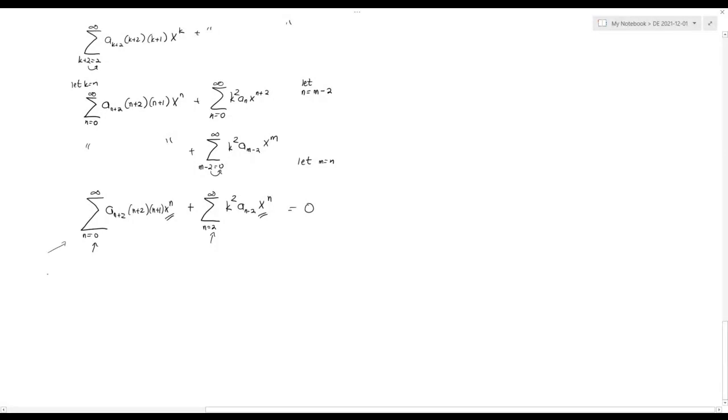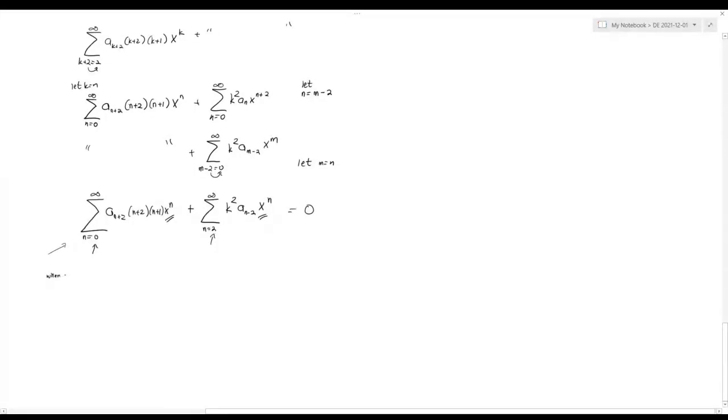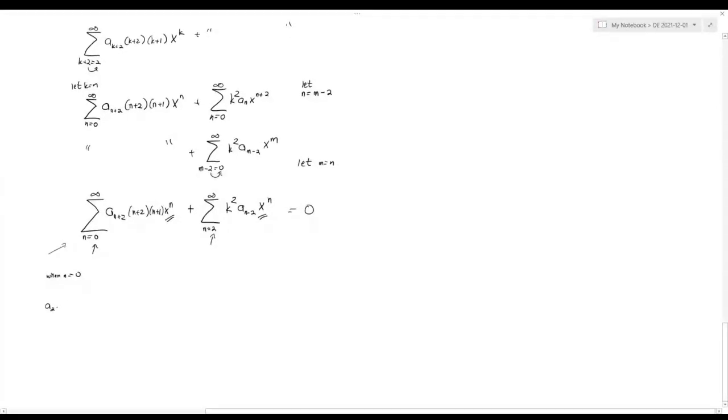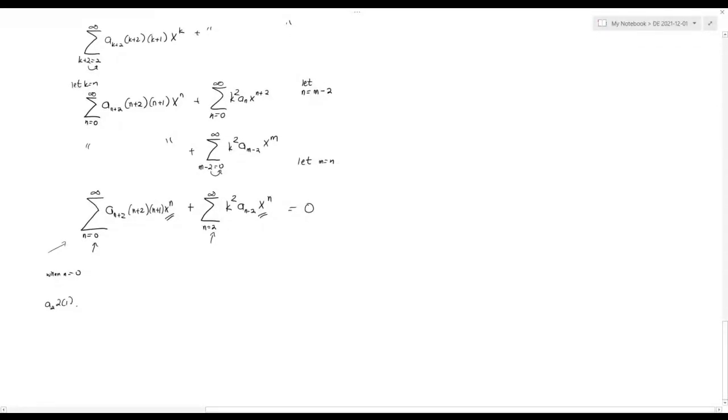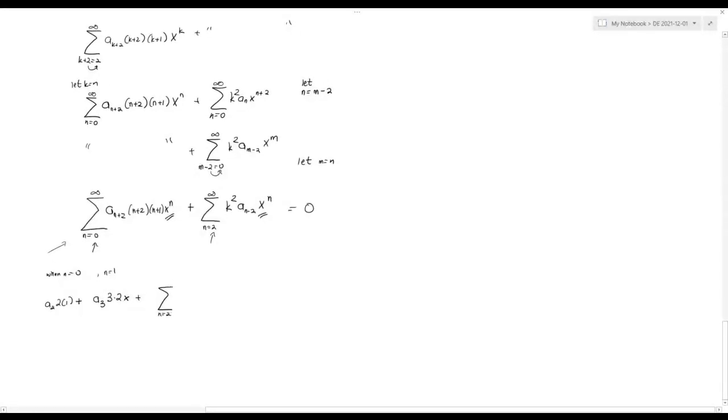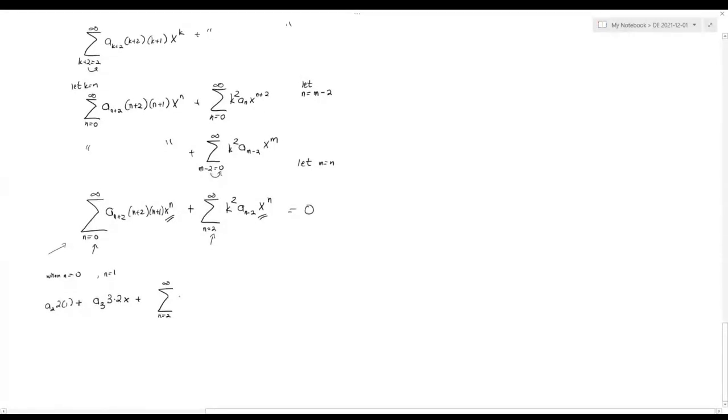So when n is 0, we get a sub 2, 2 times 1, x to the 0. And when n is 1, we get a sub 3, 3 times 2, x. And now we can say that our sum, for the first term at least, starts at 2, goes to infinity.